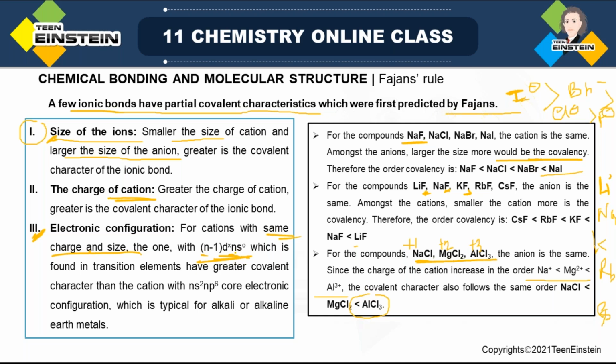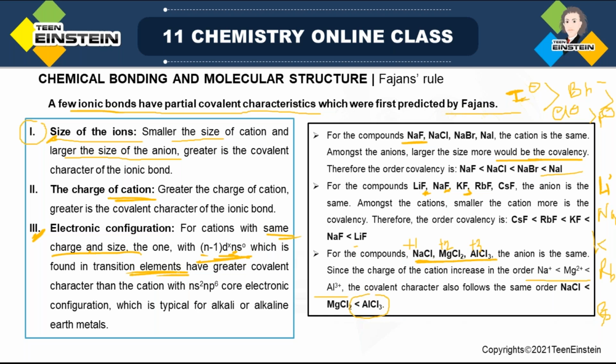Here n is the principal quantum number and n-1 is the previous one. So if it is 4s, 4 is the n value, so n-1 will be 3. So it is 3d4s, or it may be 4d5s or 5d6s, okay? This type of configuration you get in the case of transition elements.